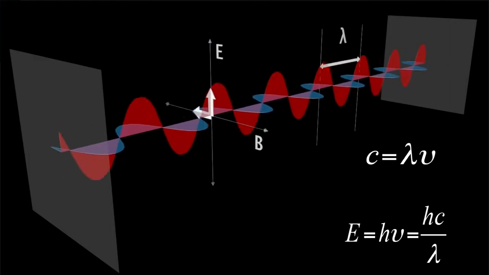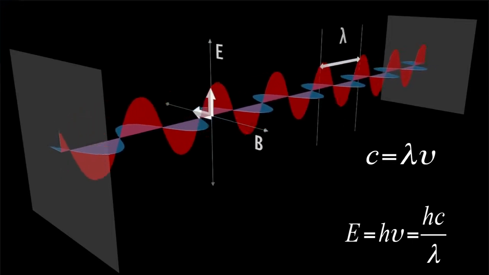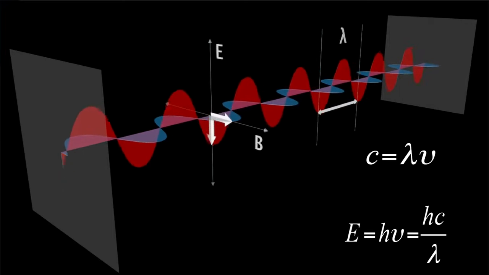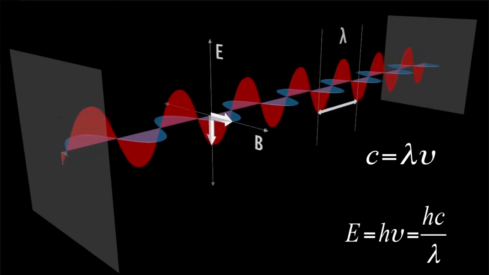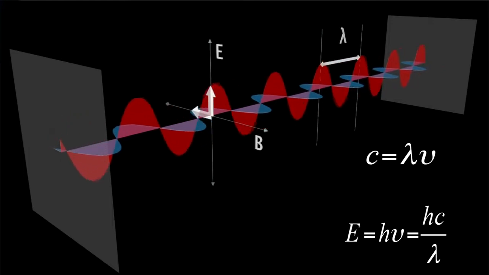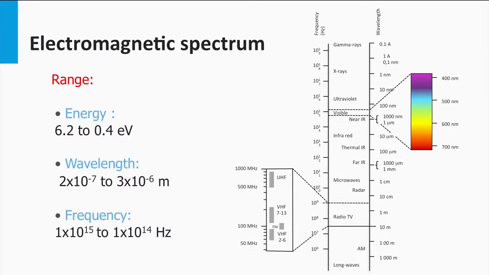As the frequency equals the velocity of light divided by the wavelength, the photon energy can also be expressed in terms of wavelength. It is equal to the product of the Planck constant and the velocity of light, divided by the wavelength. Electromagnetic waves exist in many spectral ranges.